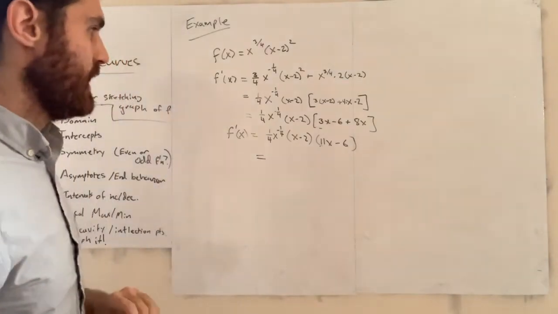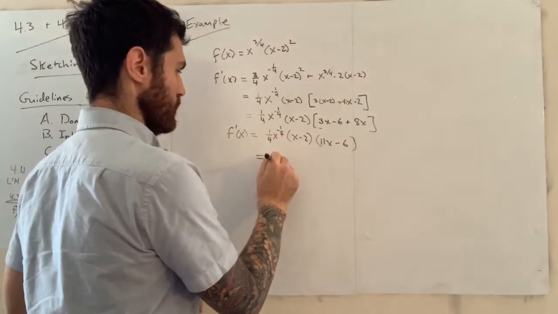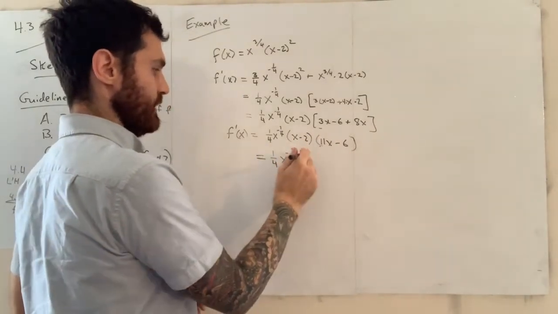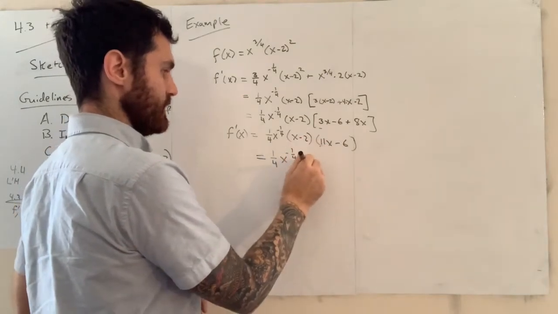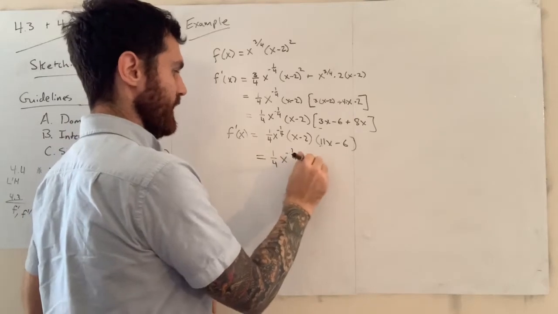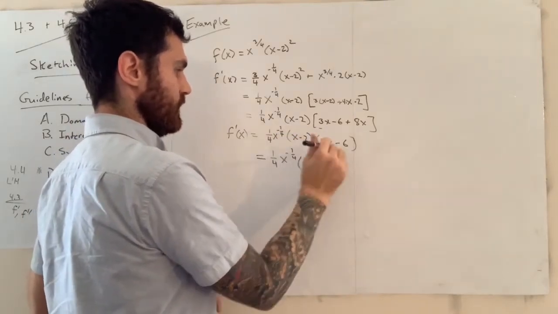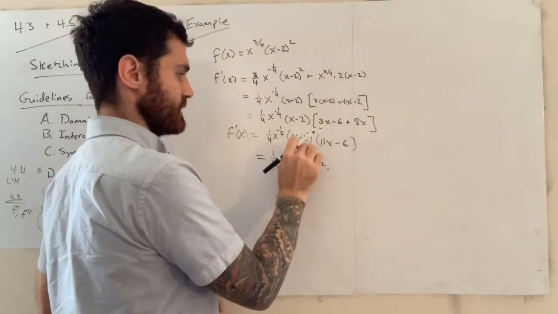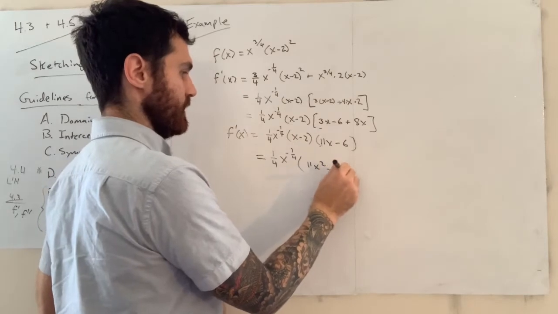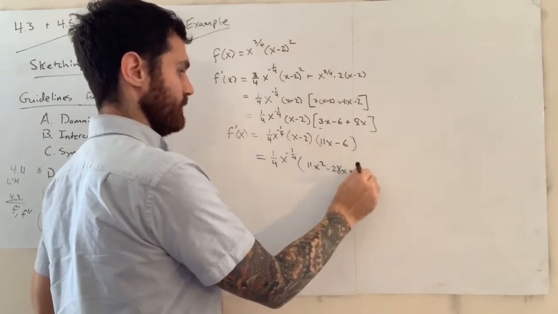What I'm going to do now is I'm actually going to multiply this out because I'm going to get 11x squared minus 6x minus 22x, so minus 28x, plus 12.